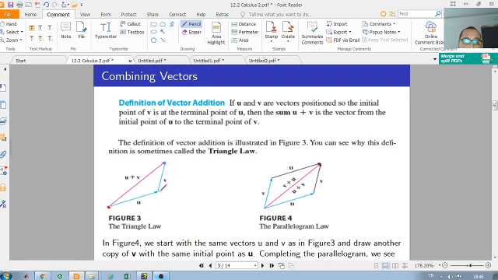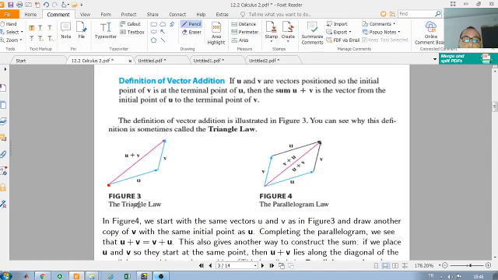As you can see, the terminal point of u is the same as the initial point of v. Combining the initial point of u and the terminal point of v gives the red vector, which is the sum u plus v. This is called the triangle law, since we obtain a triangle.